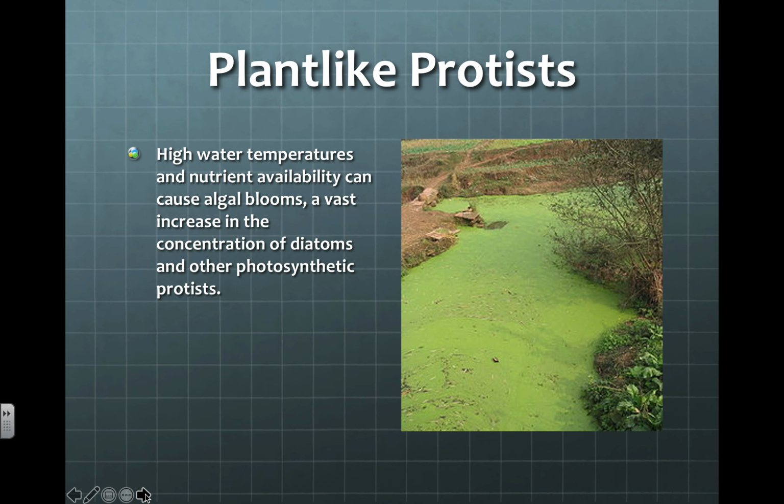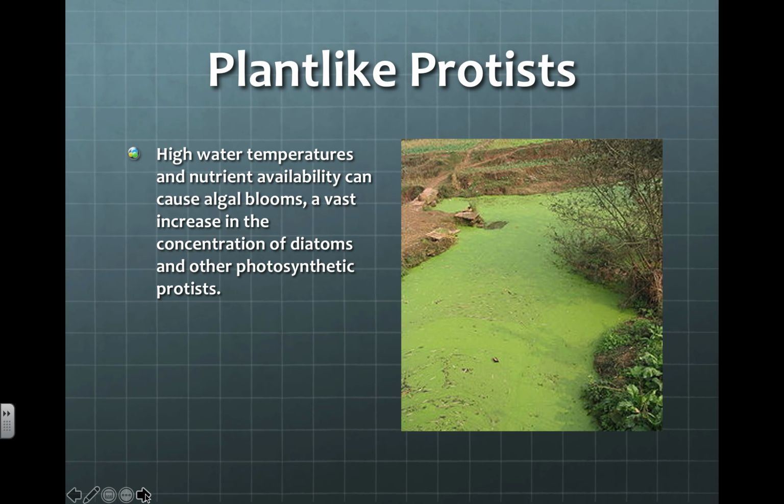Okay, when water temperatures get really, really high, the nutrient availability causes these things to overgrow, and that's called an algal bloom. These are algae, and so they start going crazy. And it's called bloom because they start reproducing.